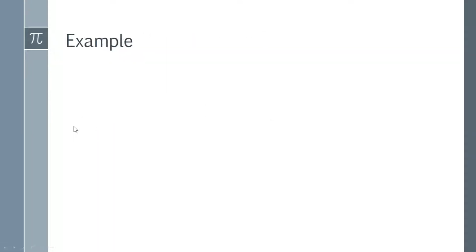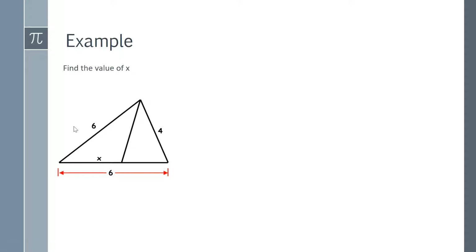So let's take a look at how this is applied. We're going to find the value of x in this particular triangle. I didn't mark it, but this is an angle bisector. I should have marked it, but I didn't. So that's an angle bisector. So first thing we've got to do is figure out what this section is right here. Well, this whole piece is 6. Then this piece right here is going to be 6 minus x, the whole thing minus this piece, which is x.